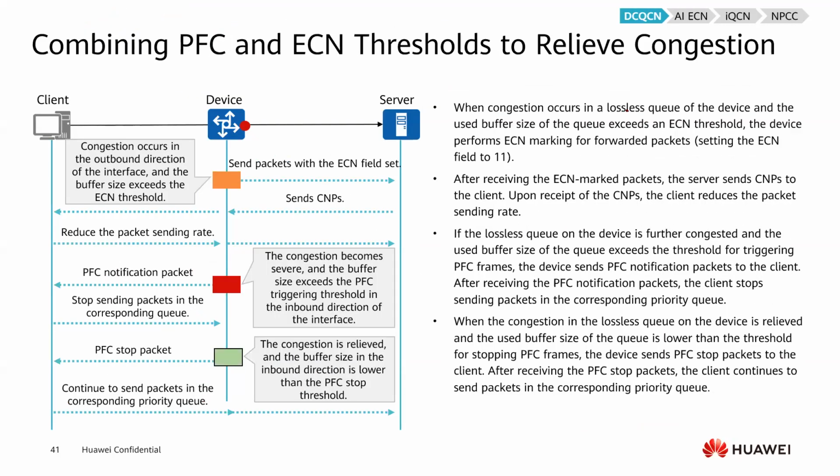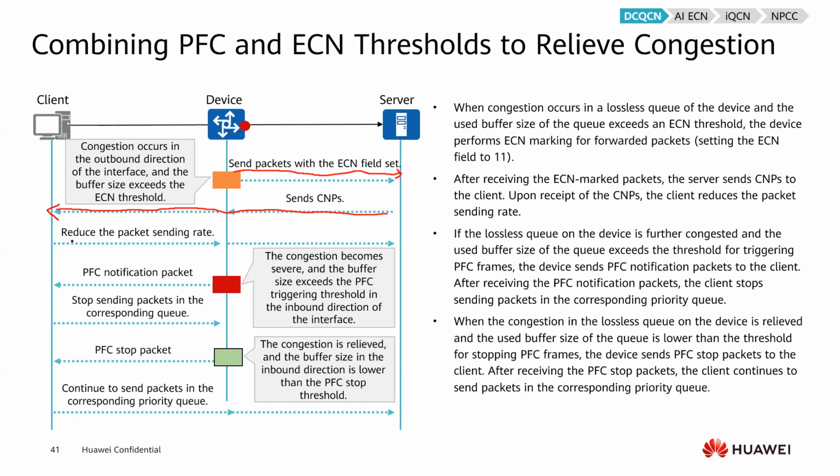Let's see combining PFC and ECN threshold to relieve congestion. When congestion occurs in a lossless queue of the device and the used buffer size of the queue exceeds an ECN threshold, the device performs ECN marking and forwards packets. The middle device sends the packet with the ECN field set, and the receiver will send the CNP packet to the client.